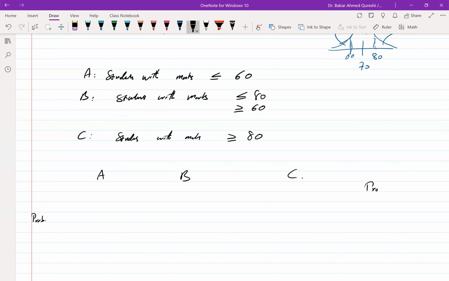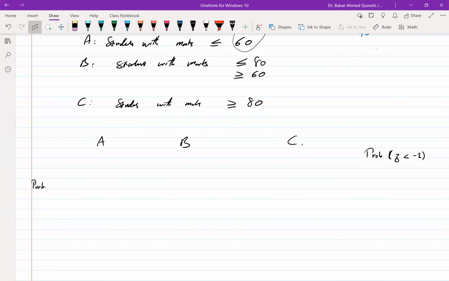So the probability of your normal variable being less than -1, that will correspond to this one, is simply 0.159, or 0.16, that we know.